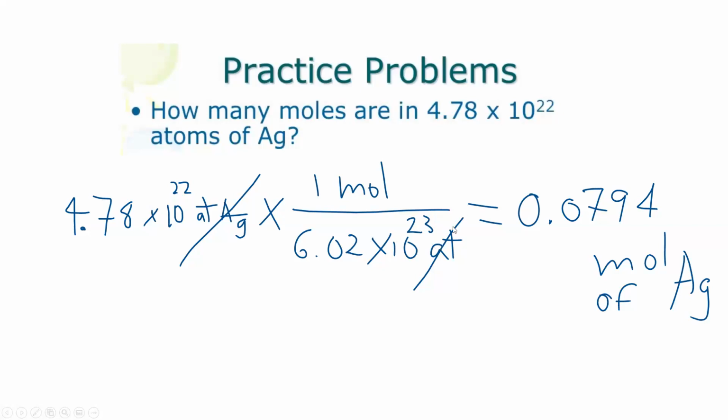You can cancel atoms with atoms. You multiply and you divide, and the answer is 0.0794 moles of silver. Look at this. You begin with 3 significant figures and you finish with 3 significant figures.